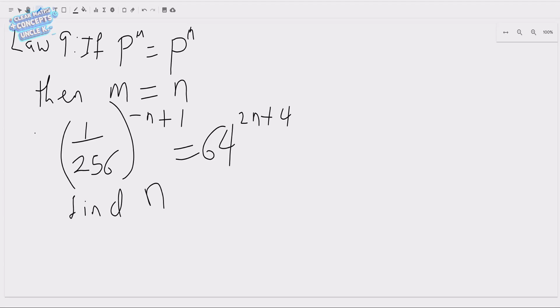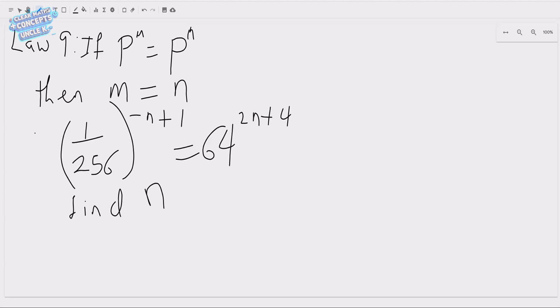So how can we look for n? Don't try to multiply both sides by 1 power here, because this is minus n plus 1, so it's not a fraction or a whole number.